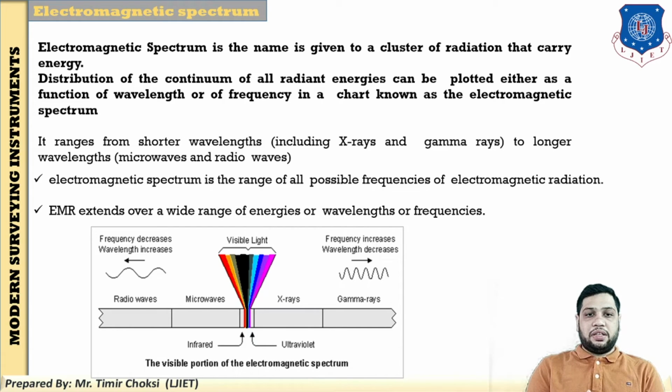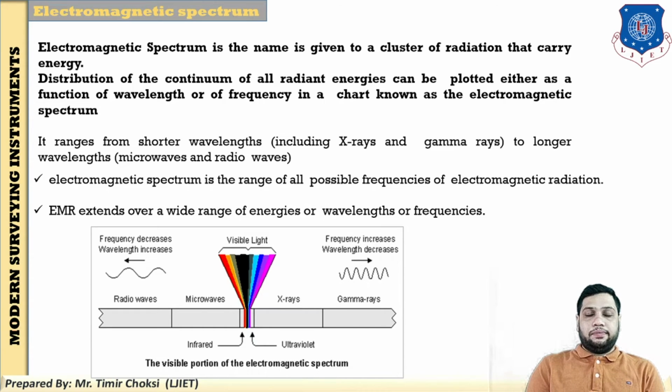So the first definition: the name given to the cluster of all the radiation that carries energy is called the electromagnetic spectrum. The second definition: this chart, as a function of wavelength and frequency, is called the electromagnetic spectrum. It ranges from shorter wavelengths, including X-rays and gamma rays, to longer wavelengths like microwaves or radio waves.